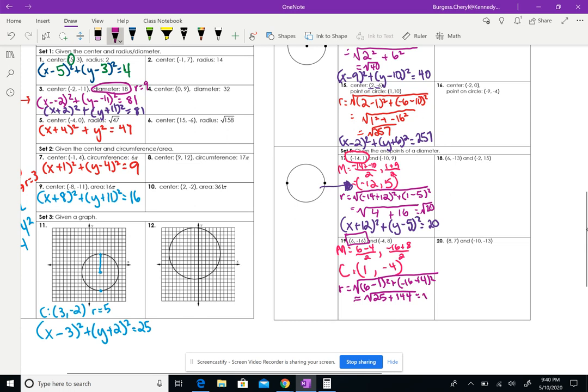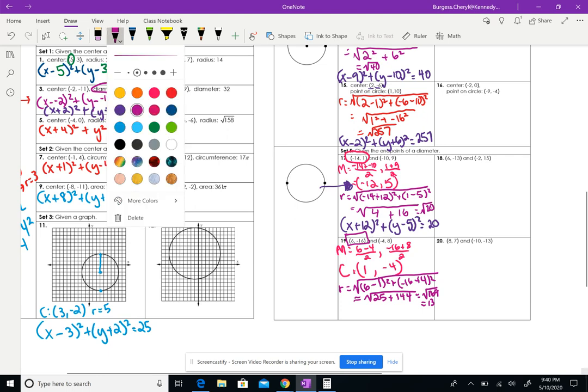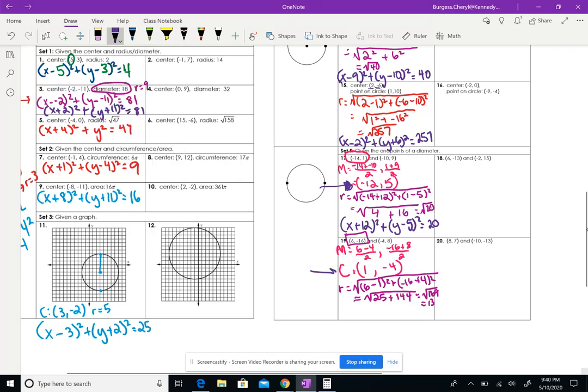So it's a square root of 169, which simplifies to 13. Okay, almost done. So here's my center. X minus 1 squared plus y minus negative 4, so y plus 4 squared equals 13 squared, which is 169.